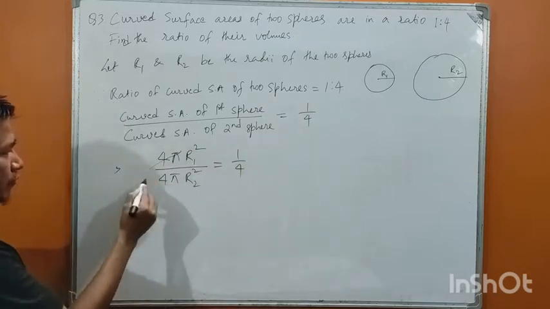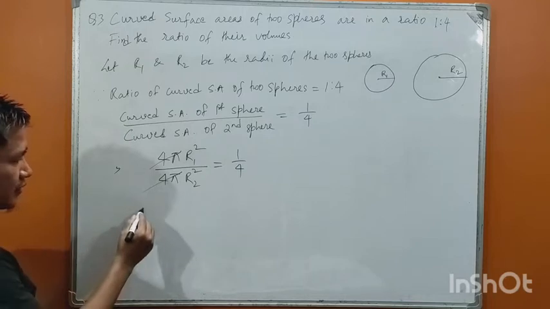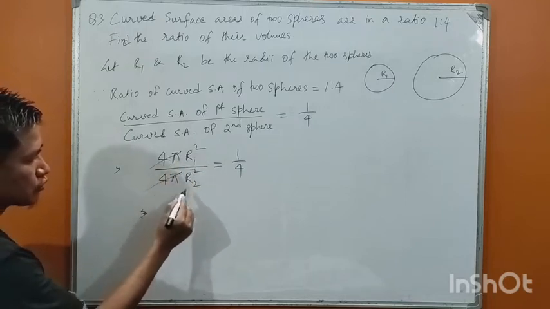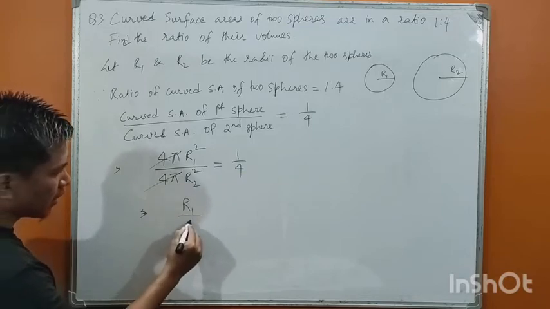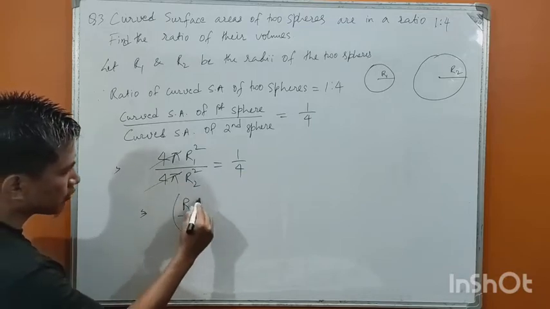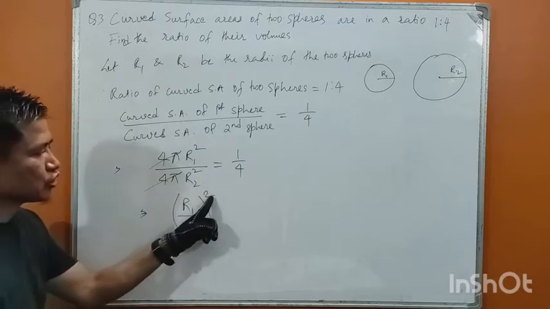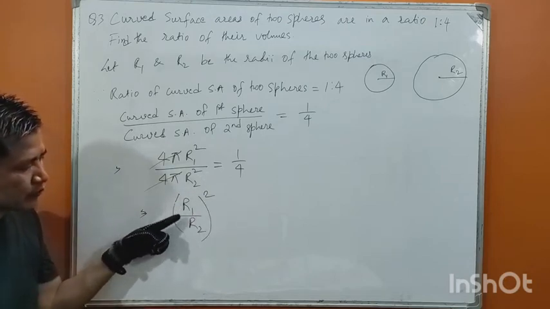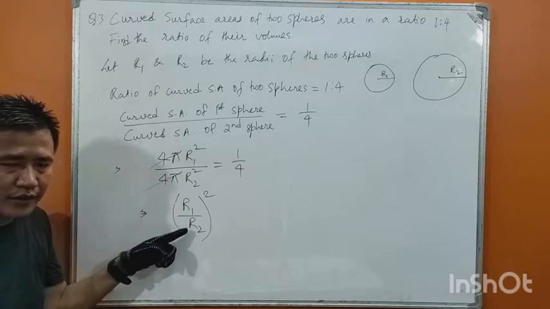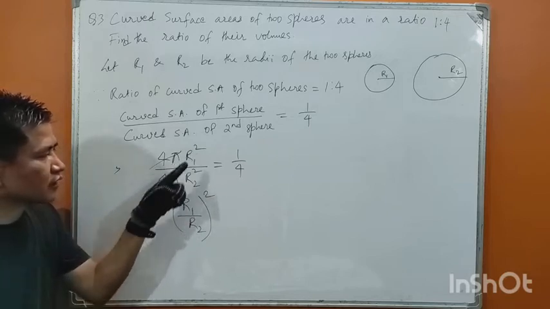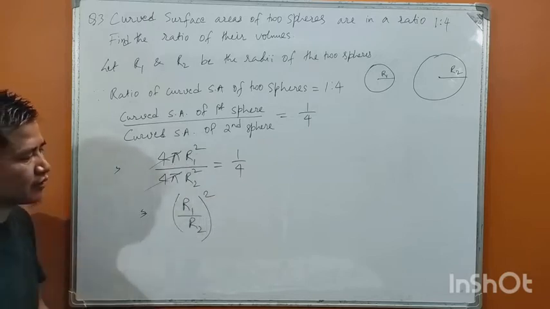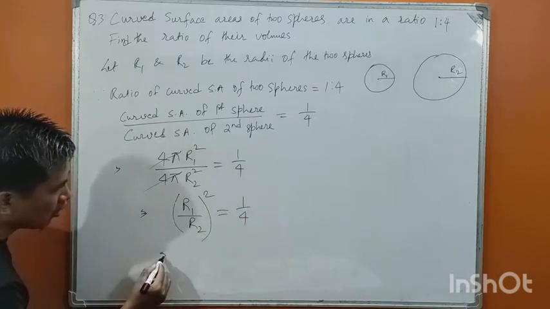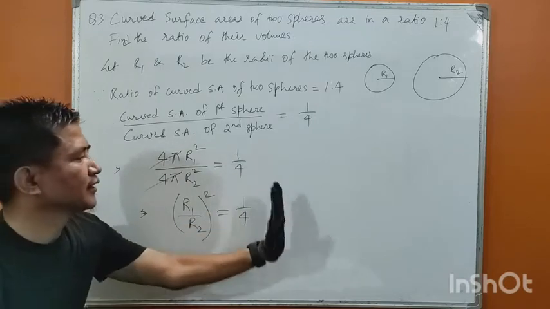So this 4 pi and 4 pi can be cancelled easily, isn't it? R1 square upon R2 square can be written as R1 by R2 whole square. This square now applies to both the numerator and the denominator, because both of them are within the bracket. Nothing is changed, equals to 1 upon 4. Or you can take this square to the right hand side.